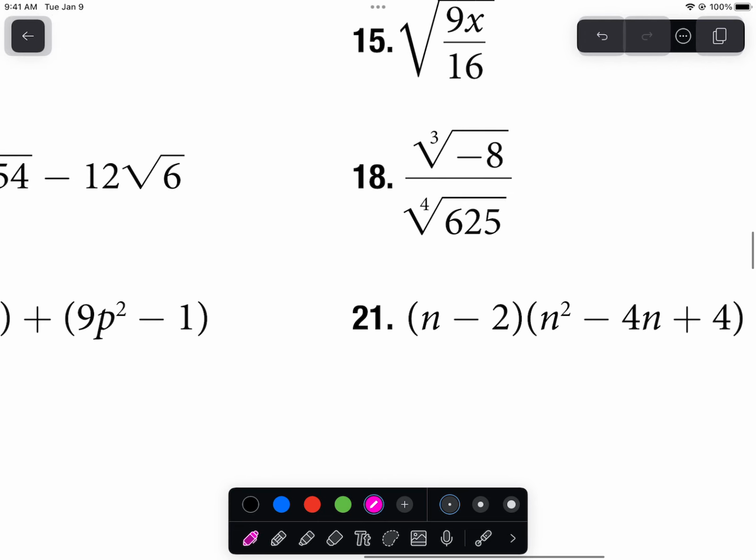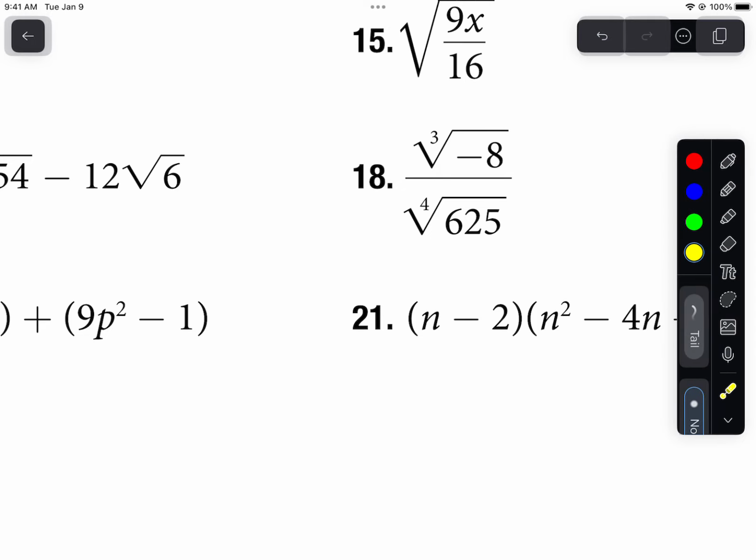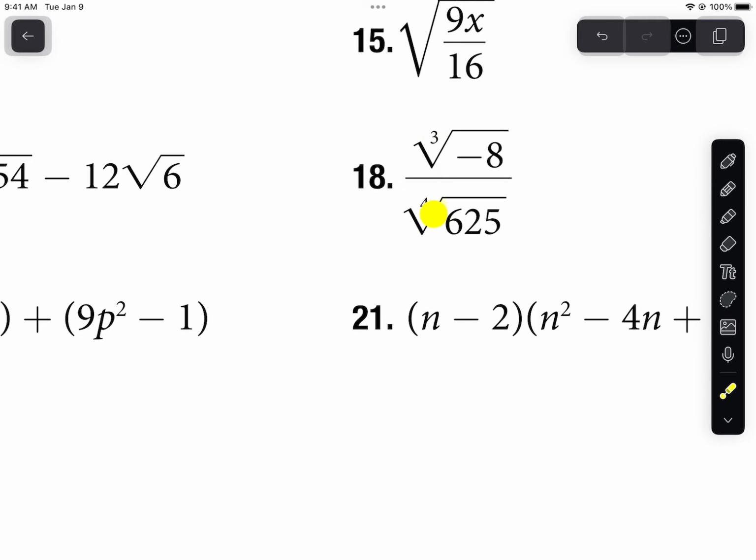So let's talk about when that little index is there. This number here is called an index. Those are indices. The index just tells me what type of radical I'm going to use. So if it's a 3 there, I have to look for perfect cubes. What are perfect cubes? 2 cubed is 8, 3 cubed is 27, 4 cubed is 64.